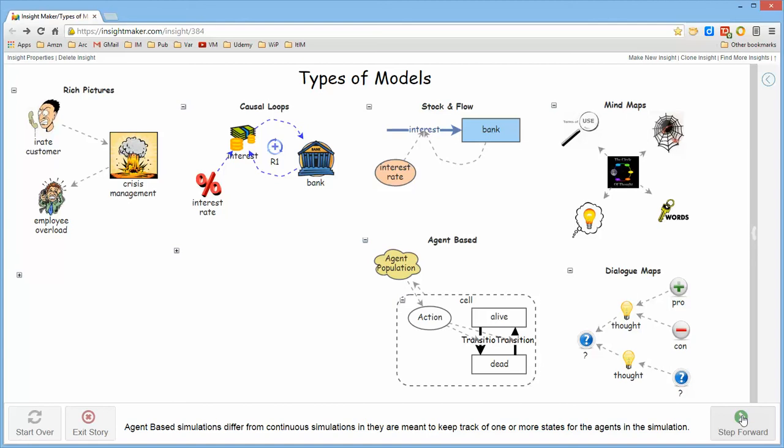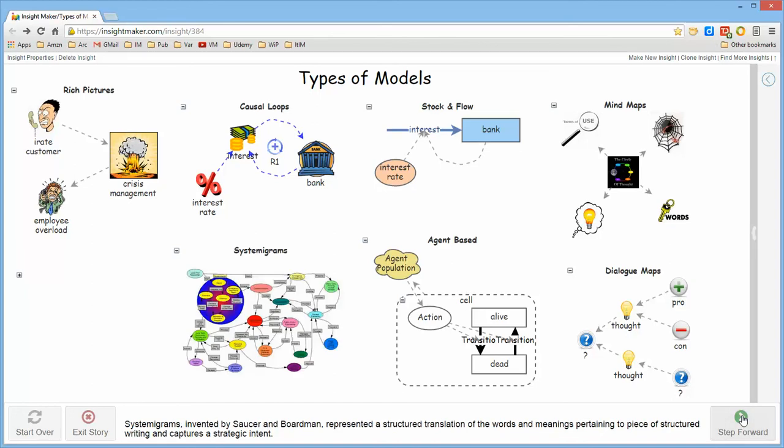So it's a different way of doing simulation modeling, and it has advantages over continuous simulation models. And also doing systemograms, an approach to diagramming developed by Saucer and Boardman for diagrams to present strategic intent.